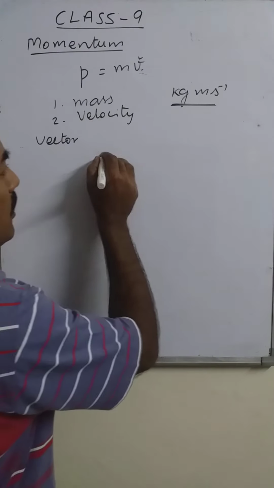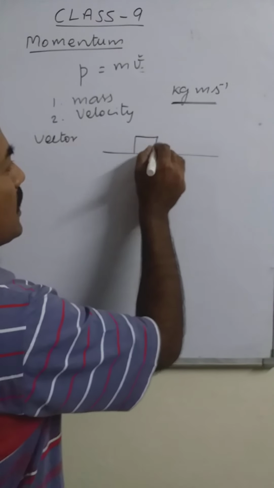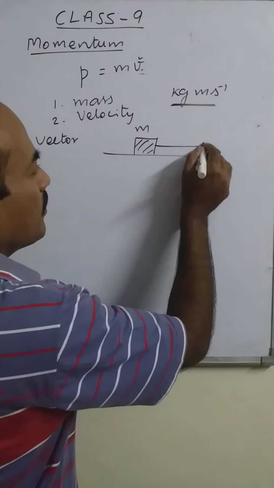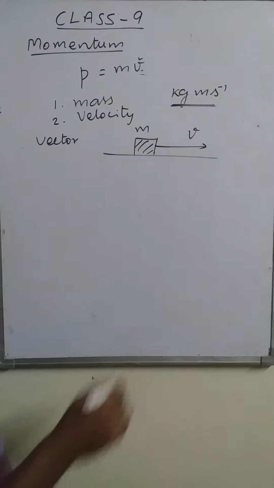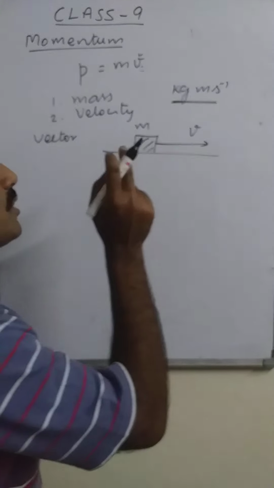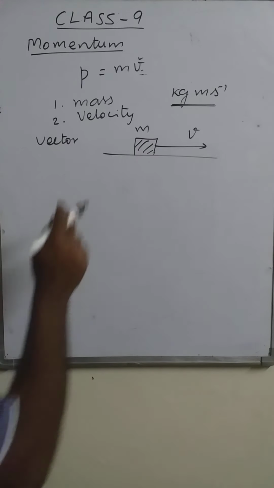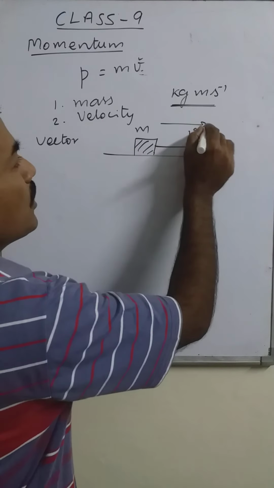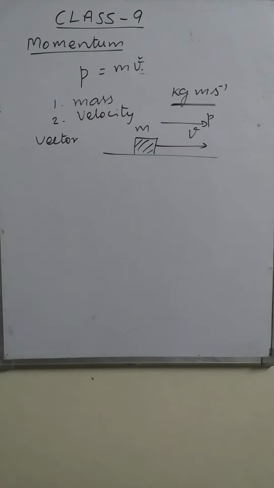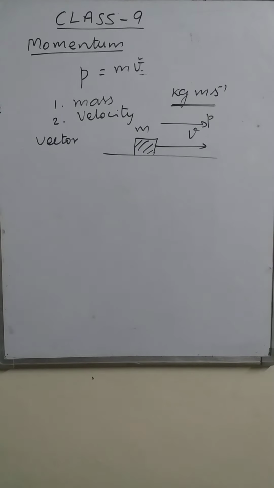So, suppose this is an object with mass m, moving in this particular direction with velocity v, then the direction of momentum is also along the direction of its motion. This momentum can be calculated by taking the mass and the velocity.